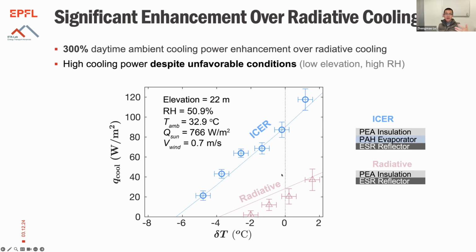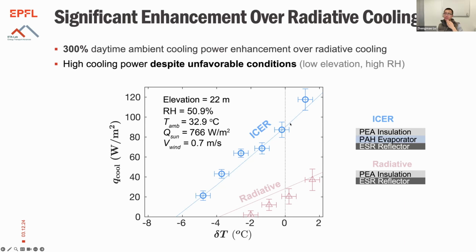While for ICER, because you have evaporation to help you, you still get around 90 for the ambient cooling power. And if you can move 1 degree above the ambient, it can even reach 120. So that's already the highest cooling power an ideal radiative cooler can do. So hopefully with this data, at least on the device level, I can convince you that the ICER holds a lot of potential.